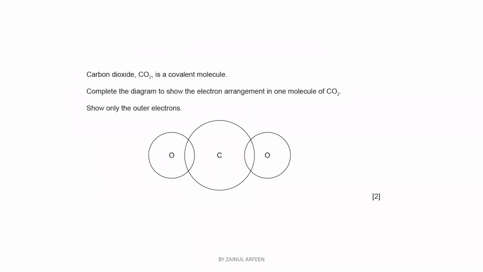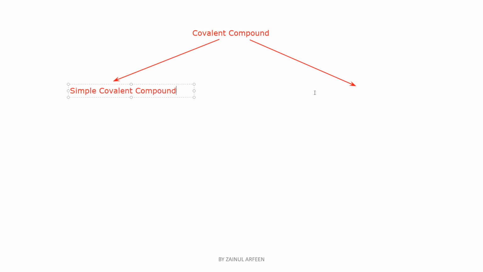So these are the examples related to covalent bonding. Then a covalent compound can refer to a simple covalent, or it can refer to a giant covalent.